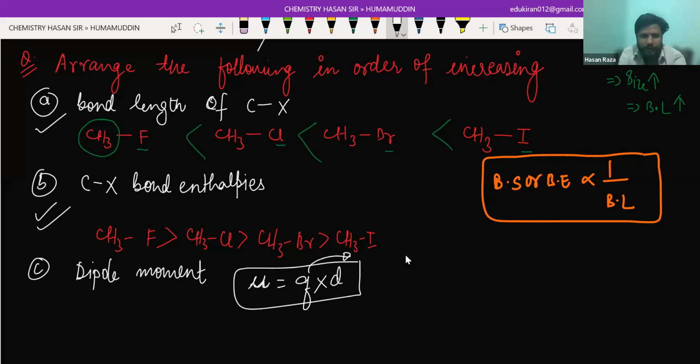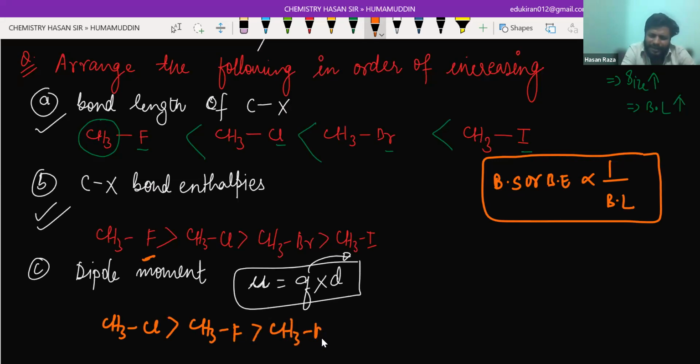Generally we think that fluorine is the most electronegative element, so it should have the highest dipole moment. But the answer is wrong. It will not have the highest but the second highest dipole moment. The highest will be CH3Cl, then CH3F, then bromine.